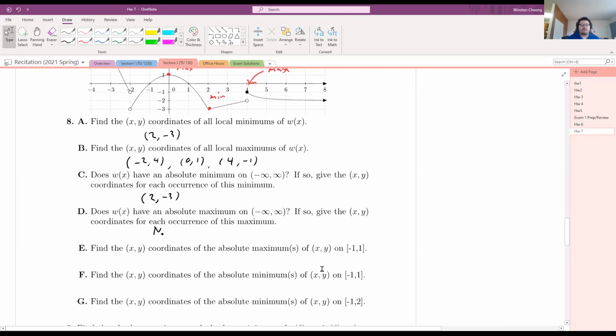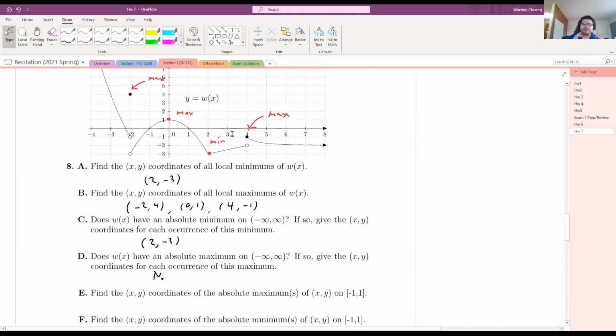For E and F, we now take this function and focus only on the window from -1 to 1. We pretend everything else doesn't exist, and we're thinking about absolute maxes and mins on that closed interval. In terms of maxes, there's one very clear one. But for minimums, this is where I have to say something about this being a closed interval.